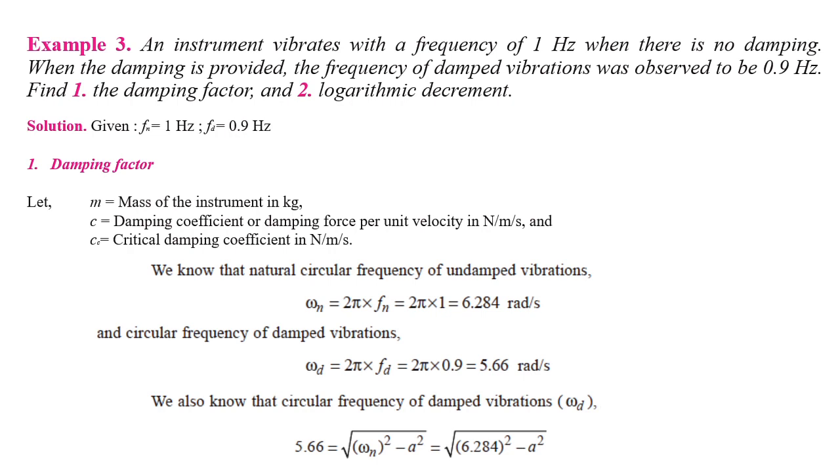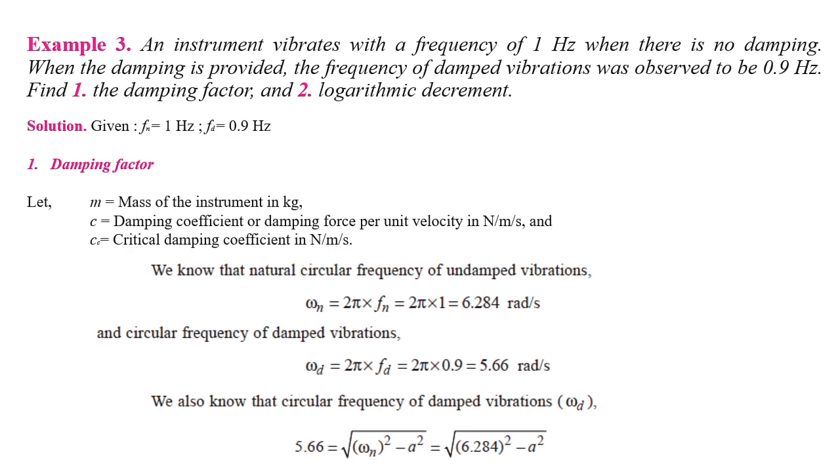Now, the first condition given in this problem is that the natural frequency without damper is 1 Hertz. We know that the natural circular frequency of undamped vibration, omega n, is equal to twice pi into fn.